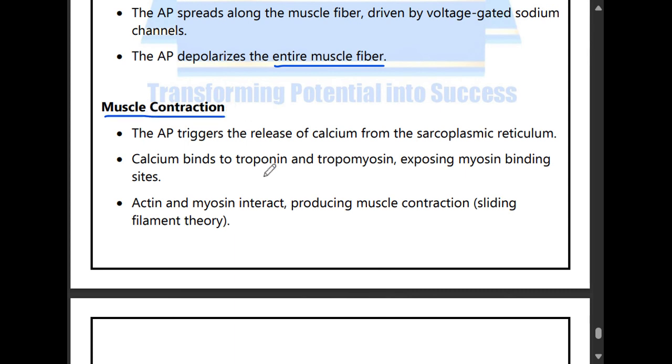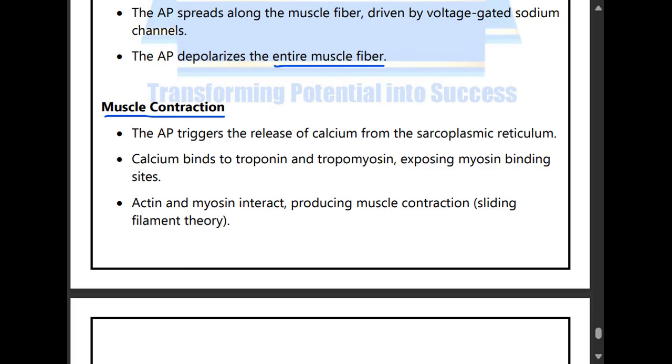Okay, so with regards to muscle contraction, you need to understand that the action potential that has been generated will trigger the release of calcium from the sarcoplasmic reticulum, just like I earlier mentioned. For us to have muscle contraction, calcium ions will bind to troponin, and then we have tropomyosin, which is going to expose myosin binding sites.